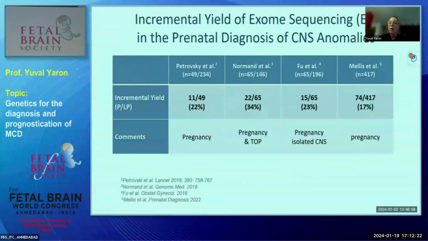Whereas if you look at the added value of exome sequencing, different studies have shown a significant increase in the yield of exome sequencing in detecting brain abnormalities. And these are different landmark studies from different years with detection rate as high as 34%, especially in severe cases.